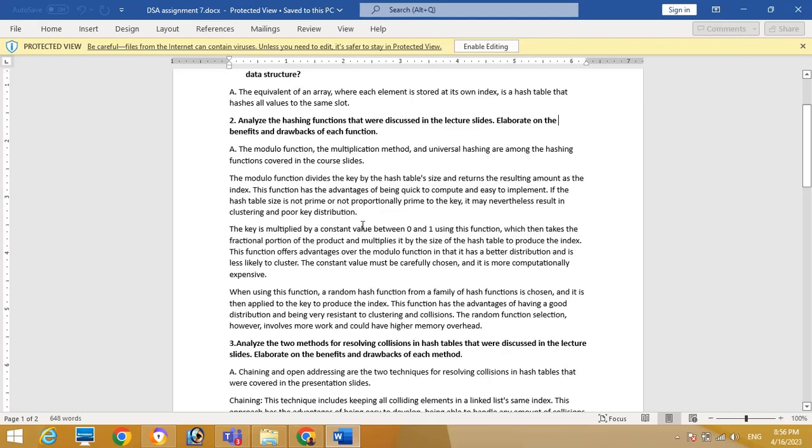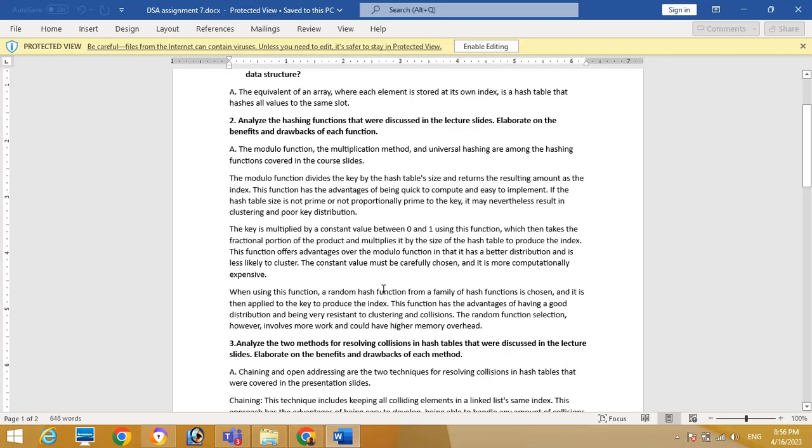This function has the advantage of being quick to compute and easy to implement, though it suffers if the hash table size is not prime or not relatively prime to the key. In the multiplication method, the key is multiplied by a constant value between 0 and 1, which then takes the fractional portion of the product and multiplies it by the size of the hash table to produce the index, which means the constant value must be carefully chosen and it is more computationally expensive.